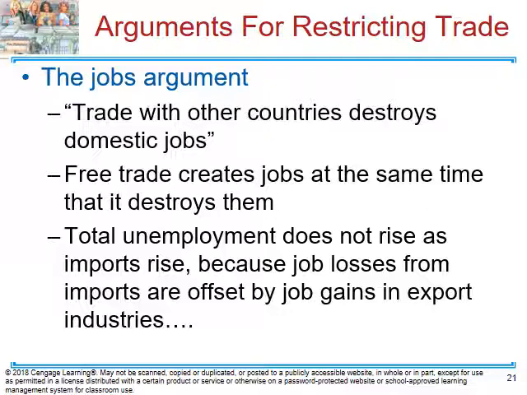So overall the total employment will not change in the long run, at least, because the job gains in the export industry will compensate for the job loss in the import industry, or the industry which is affected.